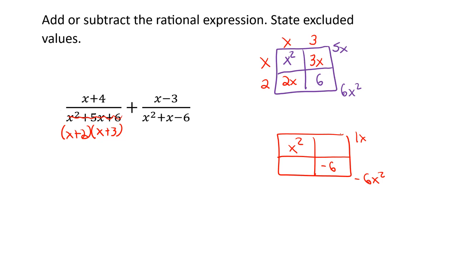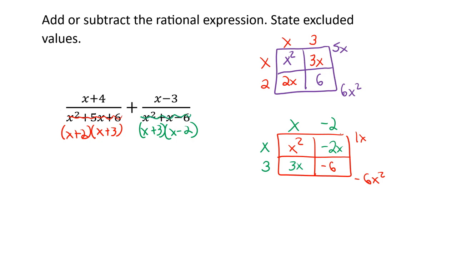So here we need two numbers that multiply to be negative 6, but add to be 1. 3x minus 2x. So 3x take away 2x would give us the 1x, and 3x times negative 2x is negative 6x. So we'll get a negative 2 here and a 3 here. So x plus 3, x minus 2.